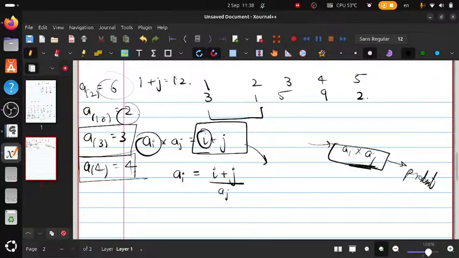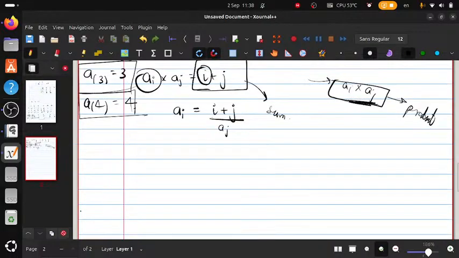I know a particular value of sum. Let's look at it the other way around. Let's say I have ai times aj, a certain value of sum, right? Now, can I brute force for the sum, and then in that brute force try to find two particular values of ai and aj? So is that possible?